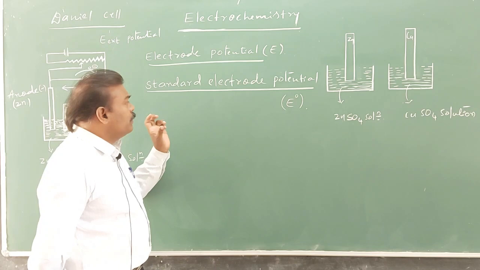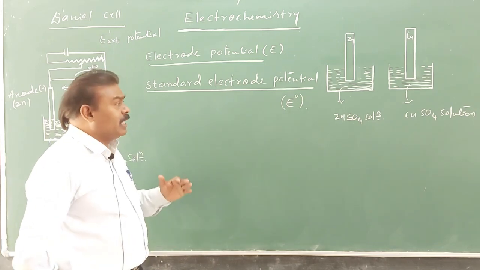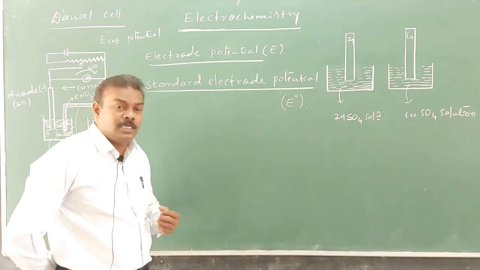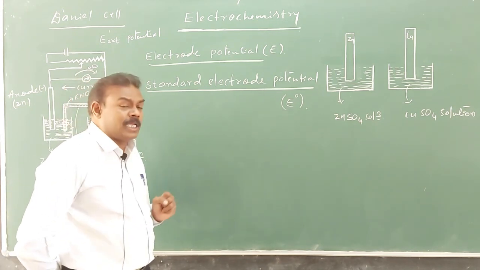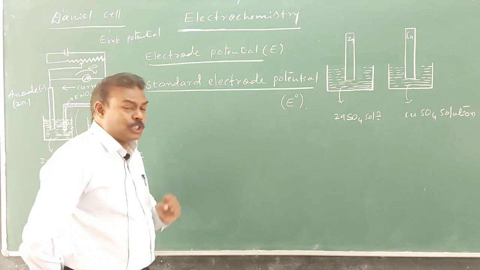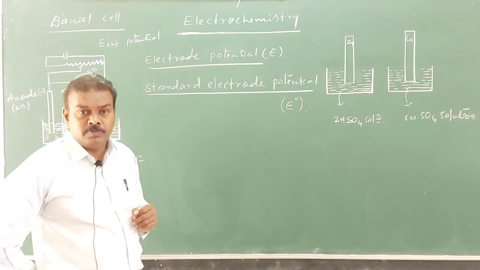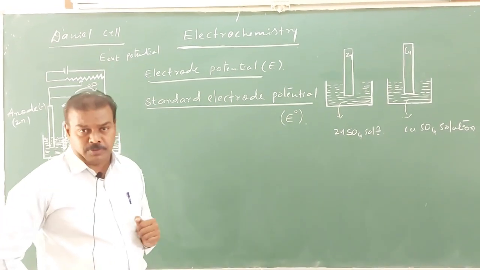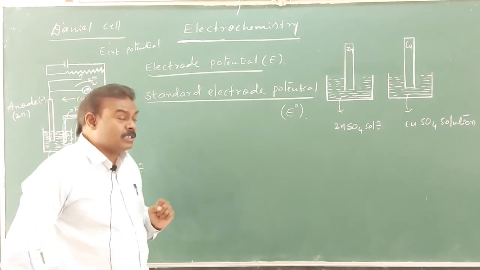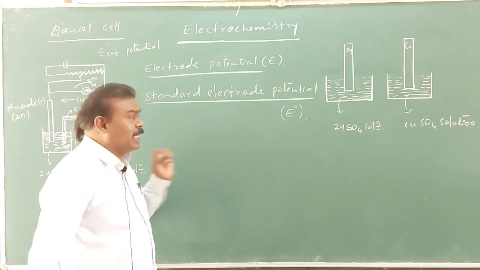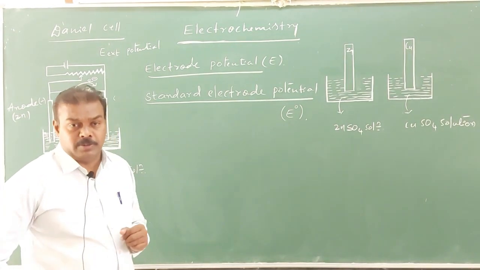Usually we define the electrode potential under standard conditions, that is the standard temperature of 298 Kelvin and the standard pressure of 1 atmosphere, or it may be 1 bar pressure. That is the standard conditions. And here the concentration of the solution is also specified in the standard conditions, that is 1 molar solution.